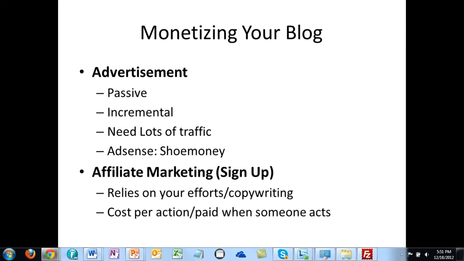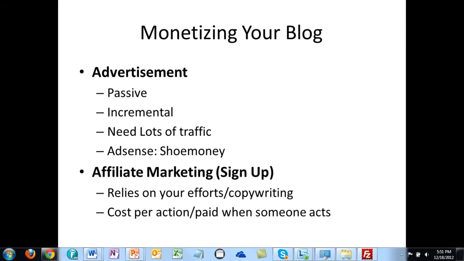You're going to take the steps to get them ready to either opt into a list or click through to a website in order to buy something. But what you're doing is influencing them in the affiliate marketing process. Every time a person takes an action, you'll actually get paid, but you get to influence the process.